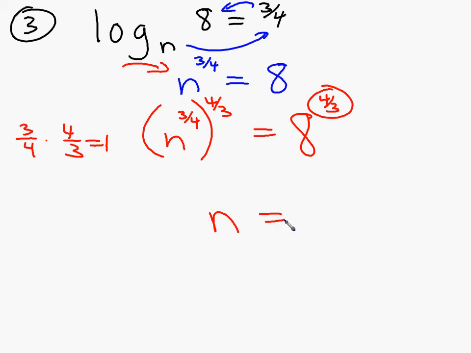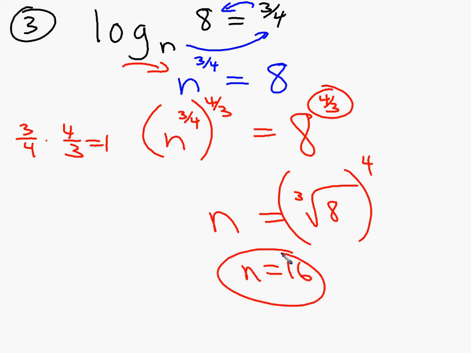So I get n by itself, and now I just need to do the cube root of 8 to the 4th. So the cube root of 8 is 2, and 2 to the 4th is 16. So that's a little trick that you may have to use a little bit tonight.